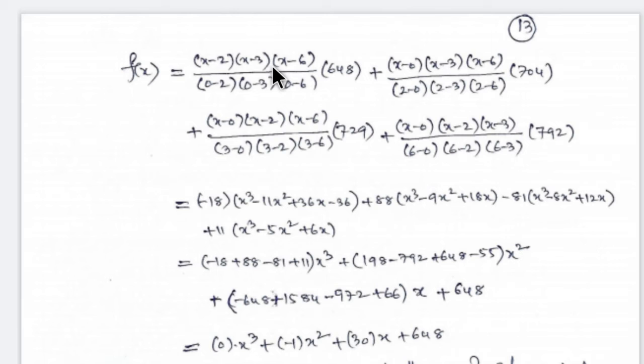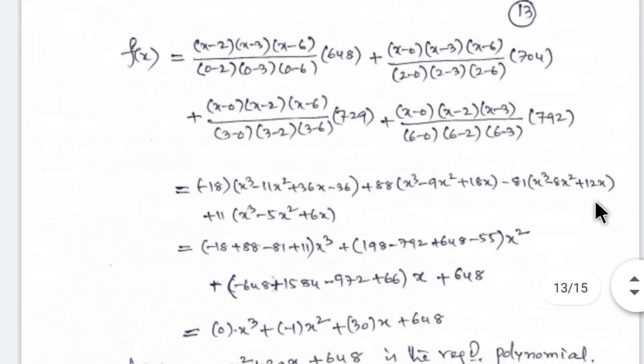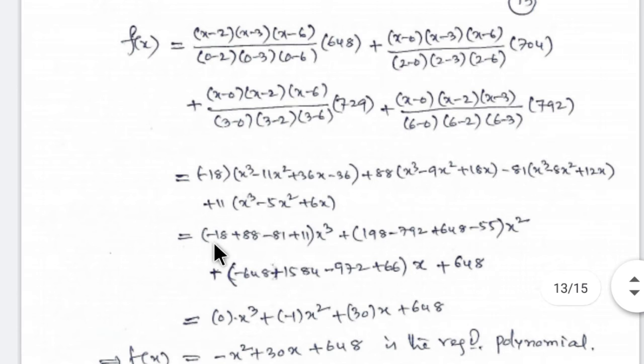expanding in numerator all three brackets, we get in the first bracket minus 18 into bracket x cube minus 11x square plus 36x minus 36, plus second one 88 into bracket x cube minus 9x square plus 18x minus 81, into bracket x cube minus 8x square plus 12x plus 11 into bracket x cube minus 5x square plus 6x, okay.